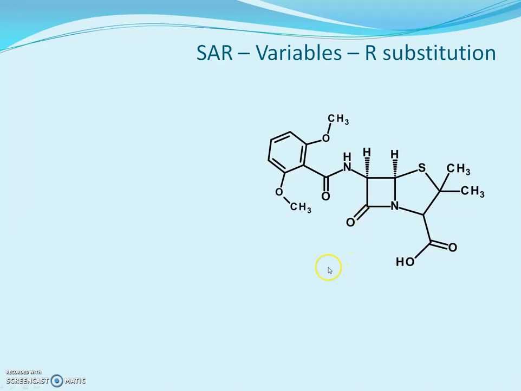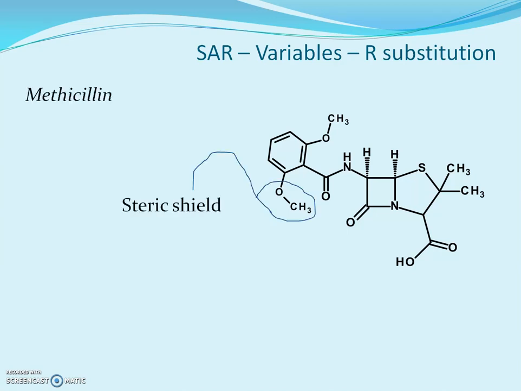That means this bulky group will somehow try to shield this carbon, right? Now this bulky group should not be very big, otherwise it may also shield this carbonyl from the serine hydroxyl of the transpeptidase, which we want them to bind, right? That is the target site. So therefore there are selected bulky groups which will help here. So this is a steric shield.